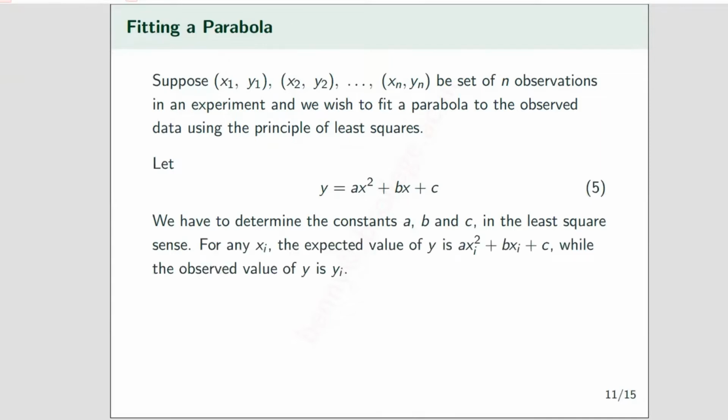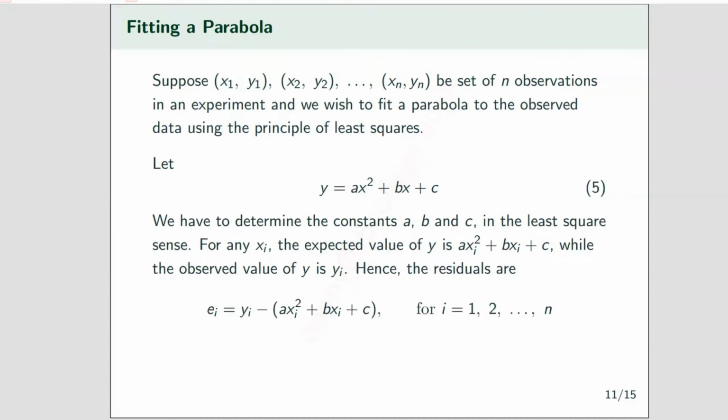We know that for any value of x, say xi, the expected value of y is yi equal to axi square plus bxi plus c. So we will find the residuals as ei equal to yi minus (axi square plus bxi plus c), for any i which runs from 1 to n.